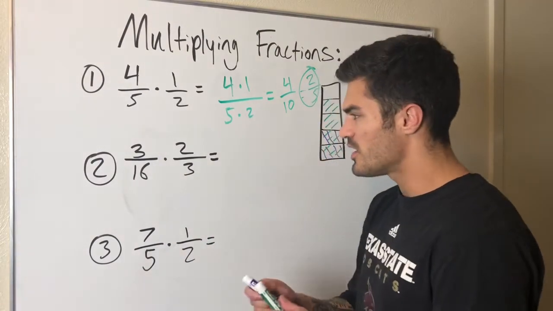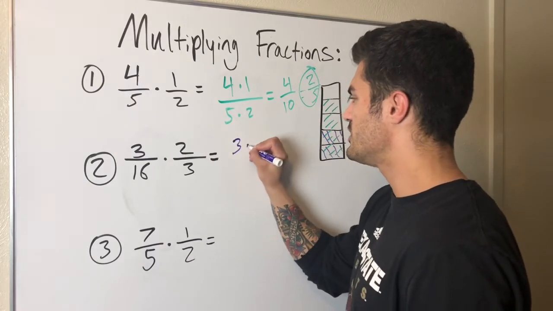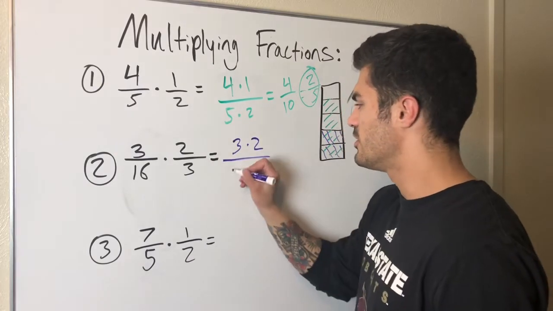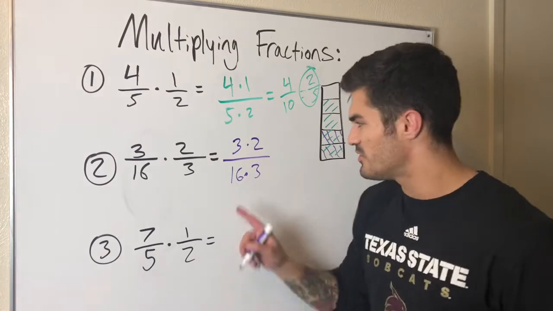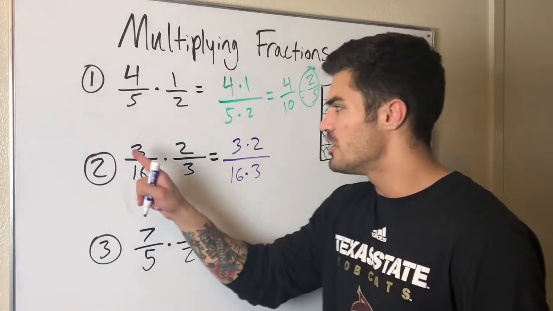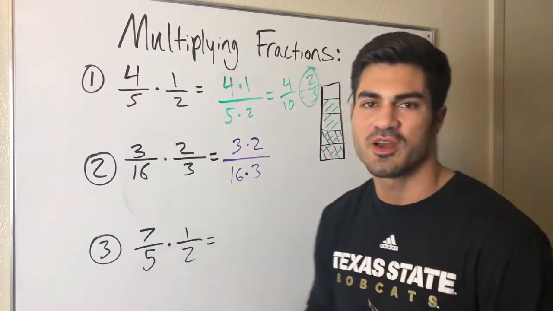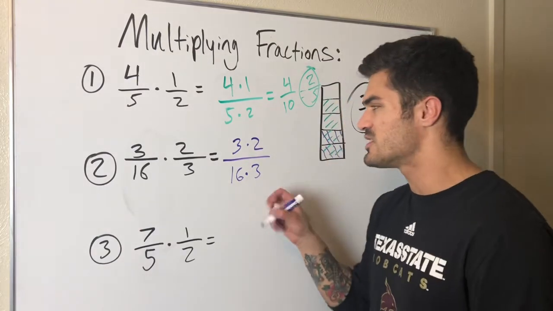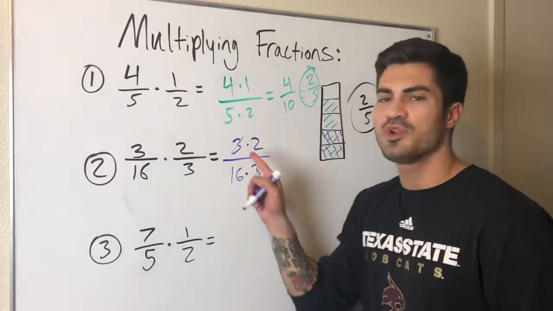So let's go and write out the process. Numerator, multiply across, 3 times 2, over denominator, 16 times 3. And here's why it is an advantage to write this intermediate step out, because some people would go straight to writing 6 over 48, and then they would simplify. But there is a little bit of an advantage to this, because you could cross out these 3's. 3 over 3 is 1.